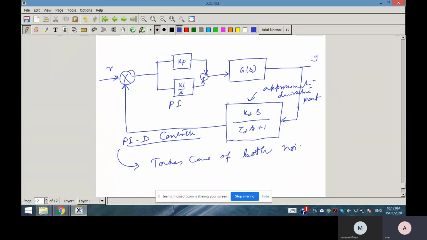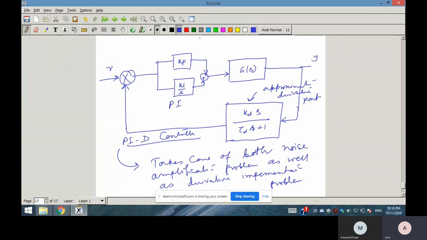Both the noise amplification problem as well as the derivative implementation problem.